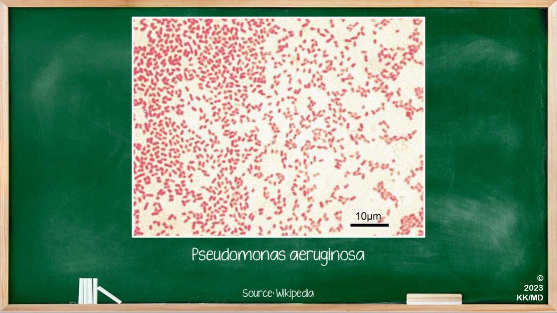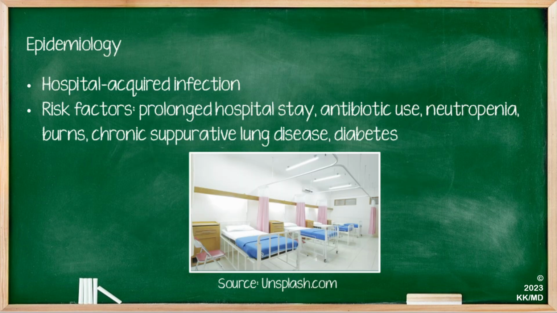However, the college is very much within its right to give you the slides, especially as part of the Part 2 written examination. Therefore, our recommendation is that you have a broad understanding of what these different bacteria may look like under the microscope, so you can have at least an educated guess if it was to come on your test day. The epidemiology of Pseudomonas aeruginosa is that it is relatively a common hospital-acquired infection.